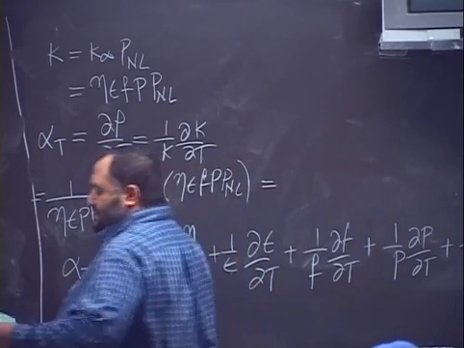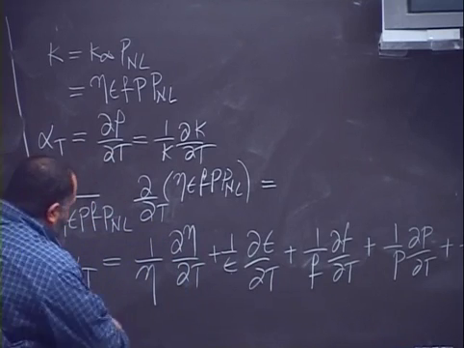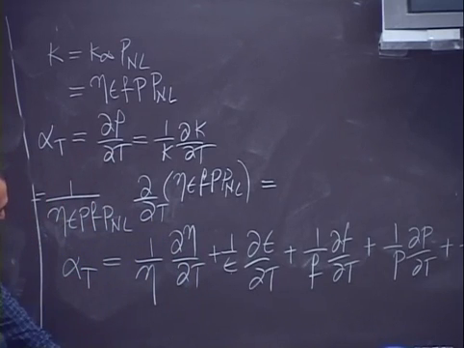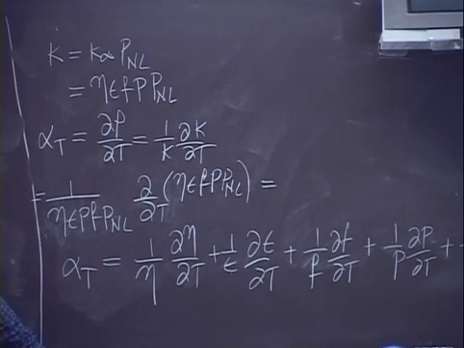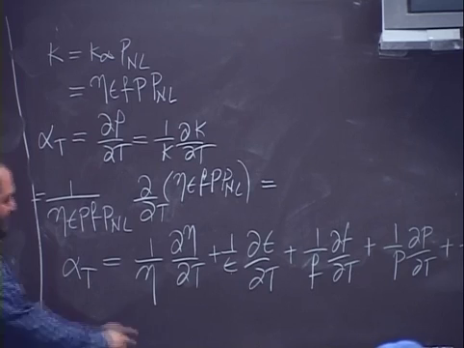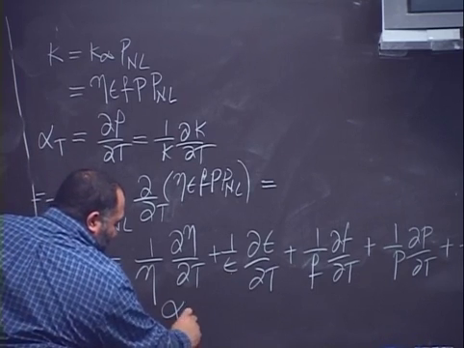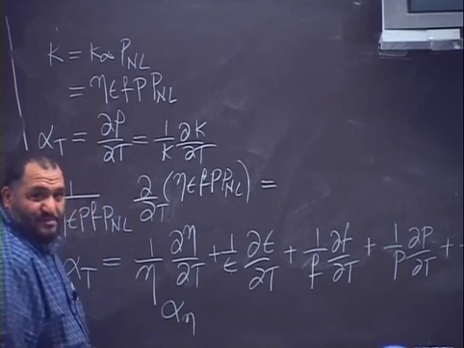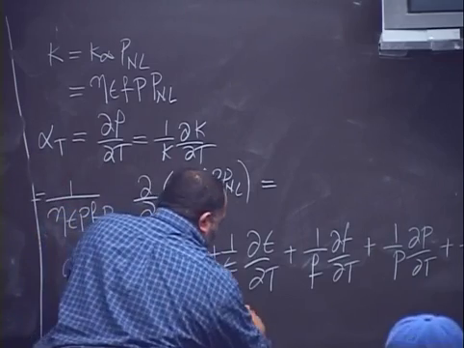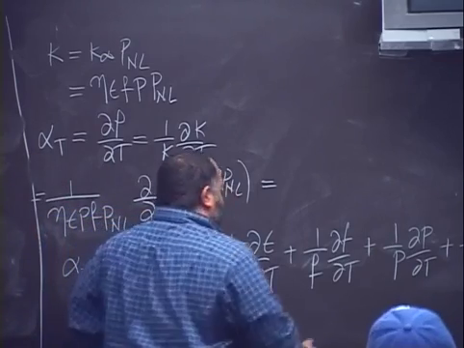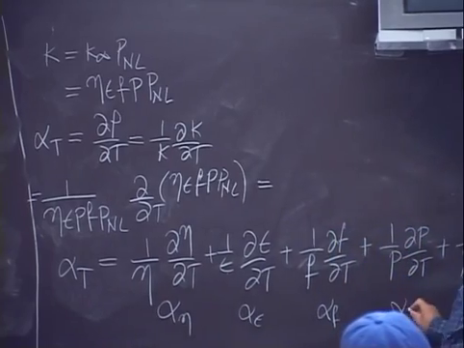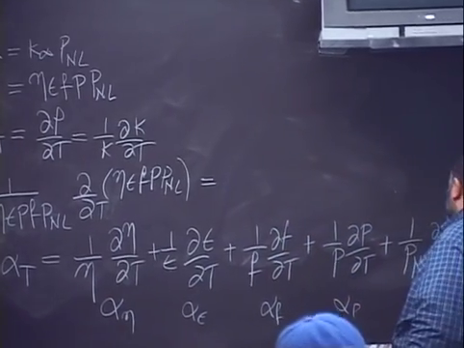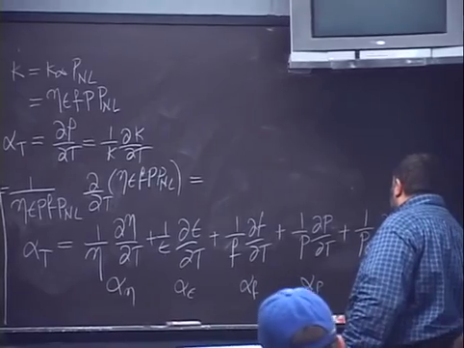So you just transformed your temperature reactivity coefficient into sub-coefficients. We can call this alpha eta, this one alpha epsilon, this one alpha f, this one alpha p, and this one alpha P_NL.